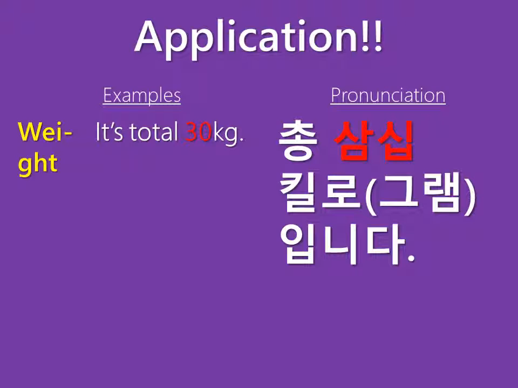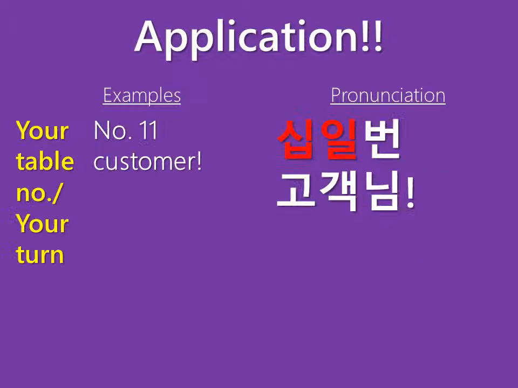Kilo is short for kilogram, so you can say either kilo or kilogram. 입니다. 총 30kg입니다. Okay?